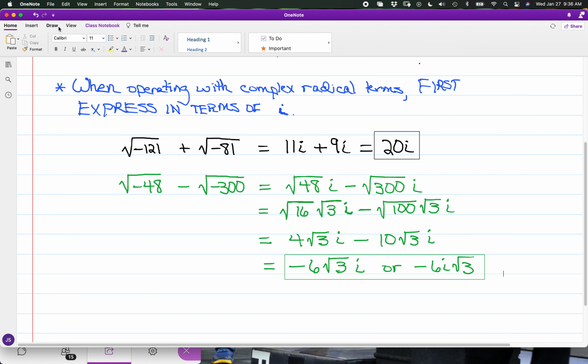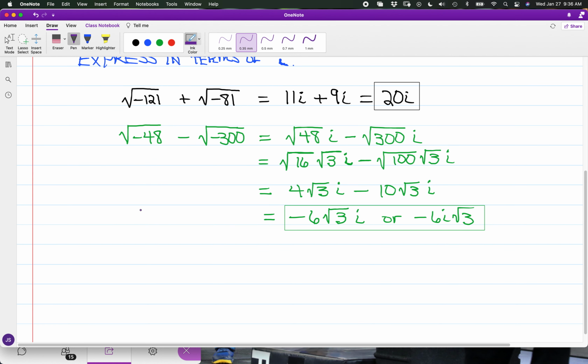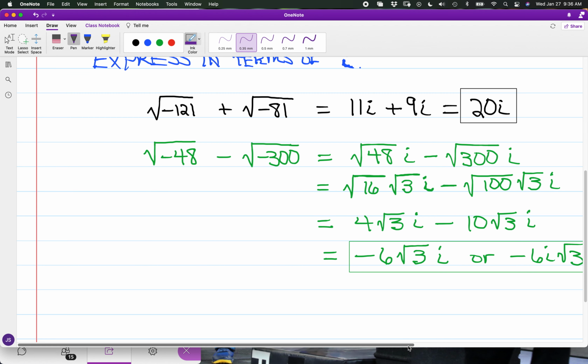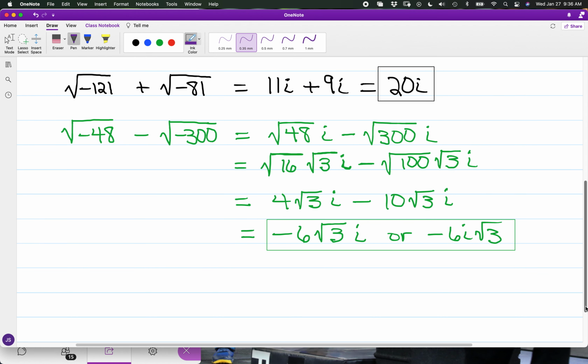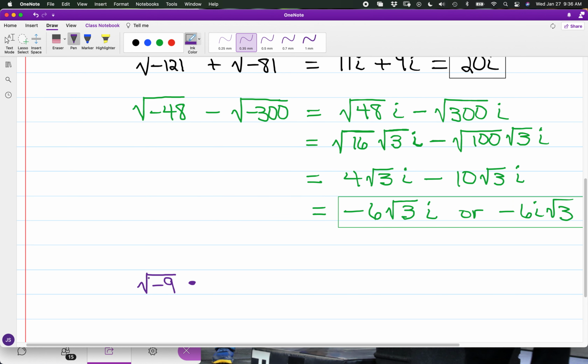Now let's say we cross over into the realm of multiplication, and this is where it is very easy to make careless mistakes. In the case of multiplying, let's say we have the square root of negative 9 times the square root of negative 4.